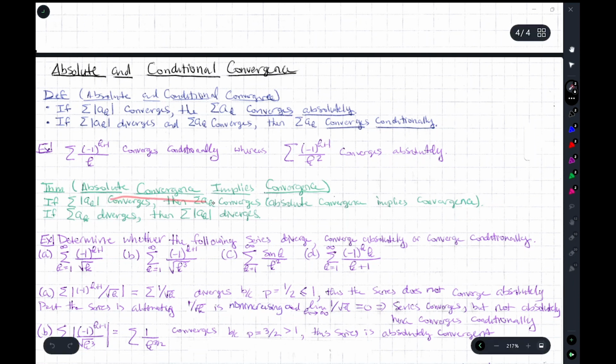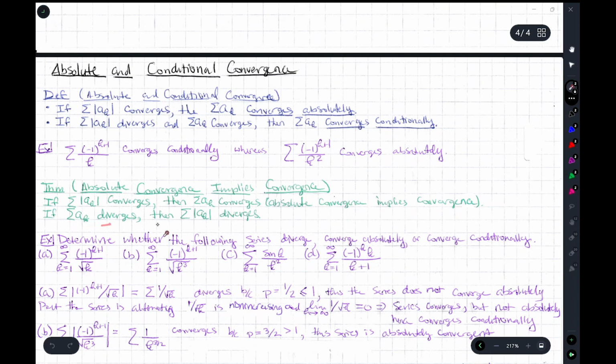So we have a theorem that absolute convergence implies convergence, okay? If the sum of the absolute values of a_k converges, then the sum of a_k converges. Absolute convergence implies convergence.